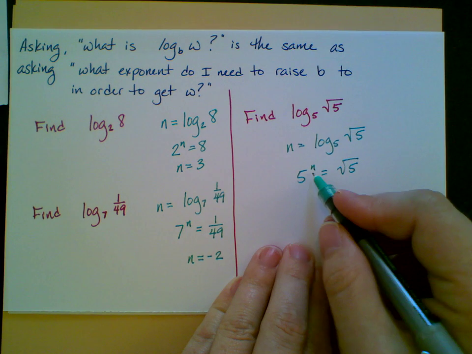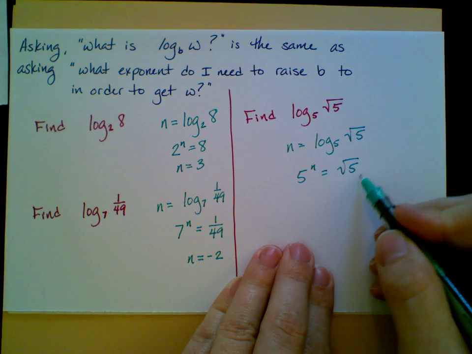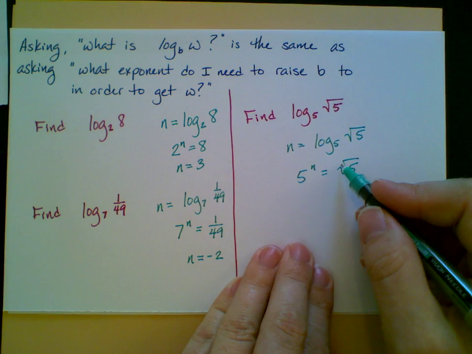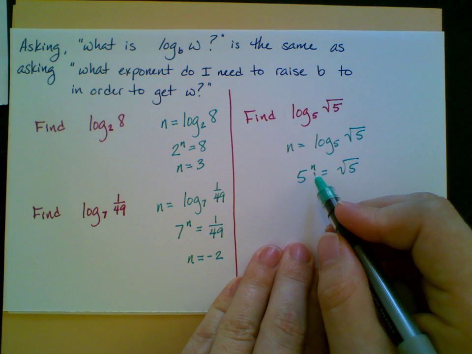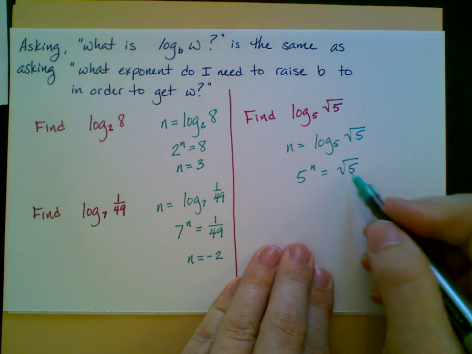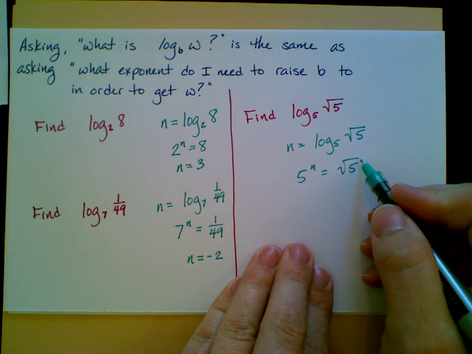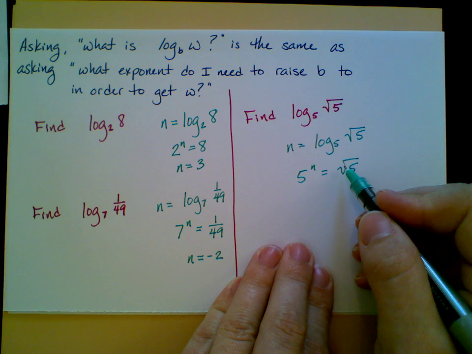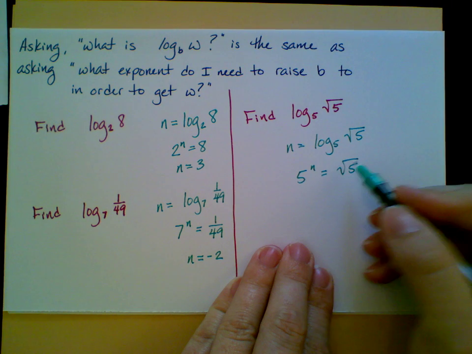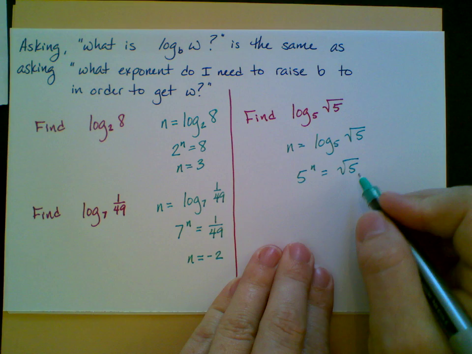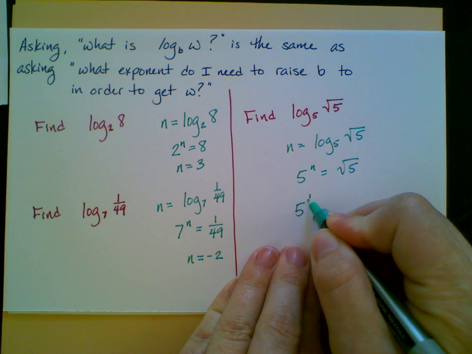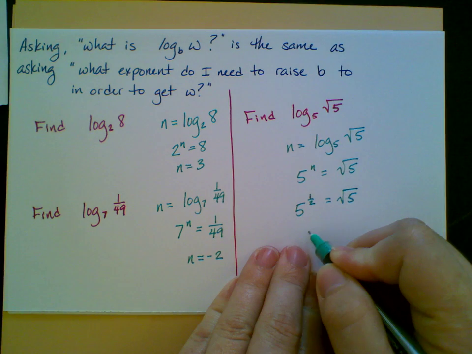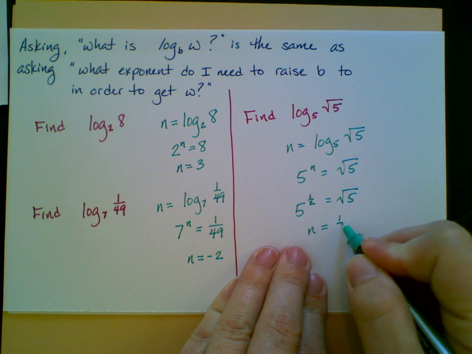And remember, if I need a radical, I need to think about what kind of root this is. That's a square root. And fractional exponents give me roots. This 5 does not have any exponent, so I can think of it as a 1. A square root would be a 2. And so this is 5 to the 1/2 is equal to the square root of 5, and so n is equal to 1/2.